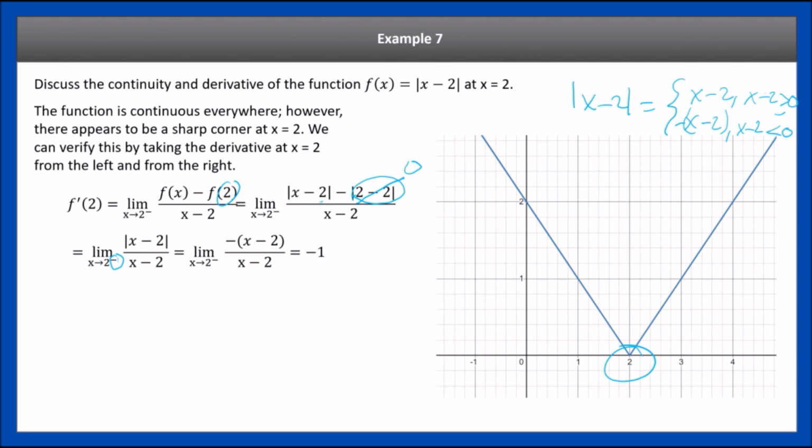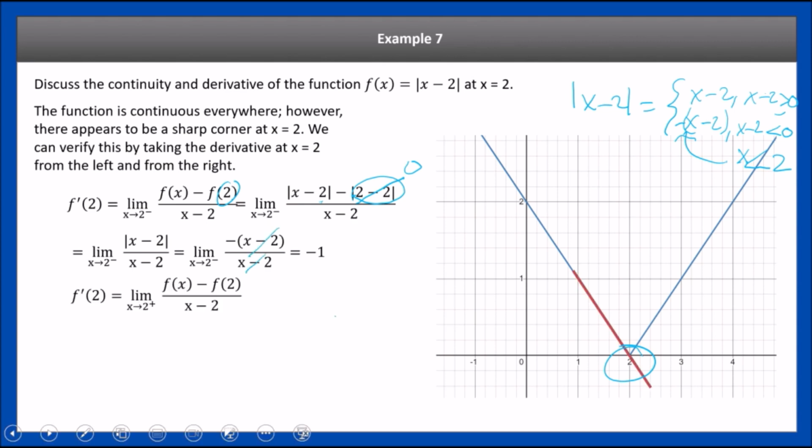That's the definition of absolute value. In terms of piecewise functions, if x is less than 2, you can put a negative there. So that's why I put a negative right here, because we are less than 2, approaching from the left. Notice that these cancel, leaving us with negative 1.